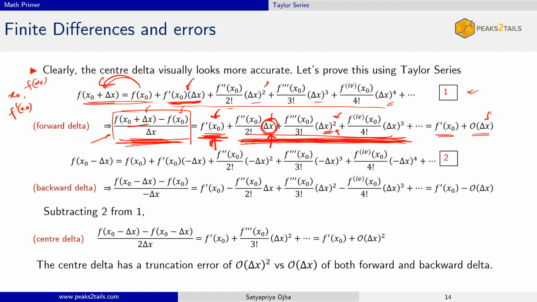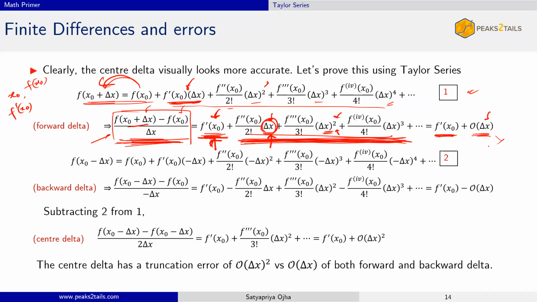Whichever is the highest term, that is the order of the error. So we write that forward delta is the true derivative plus some error, and that error is of the order of delta x.